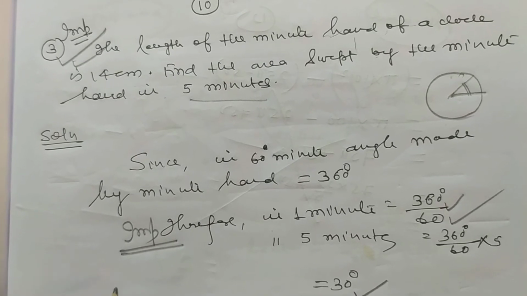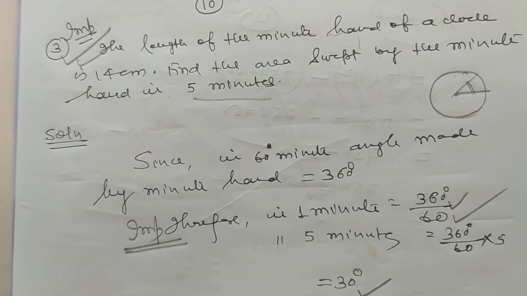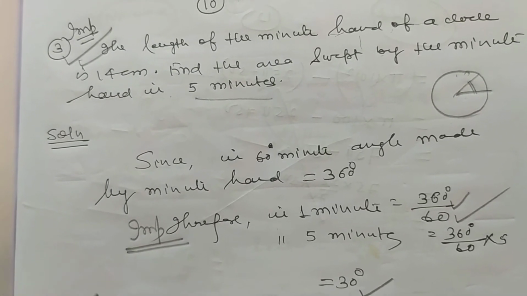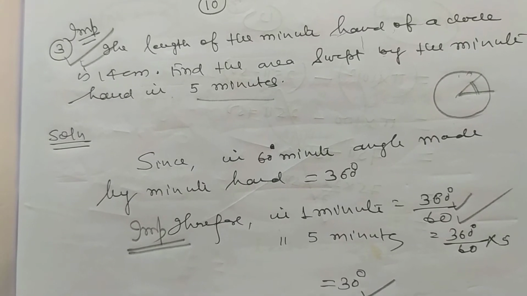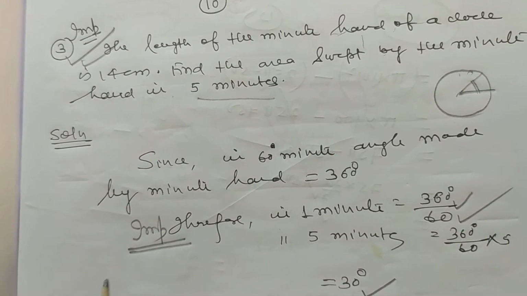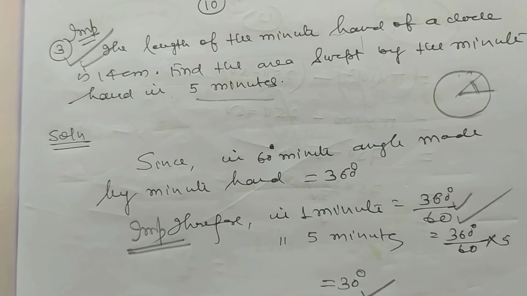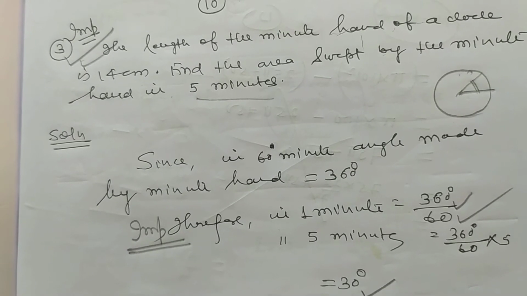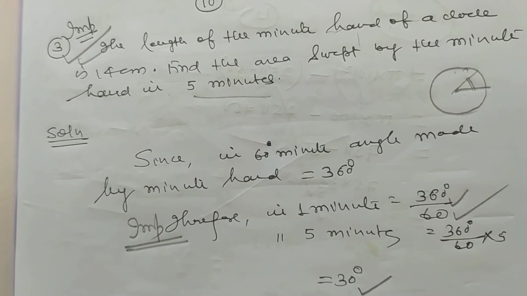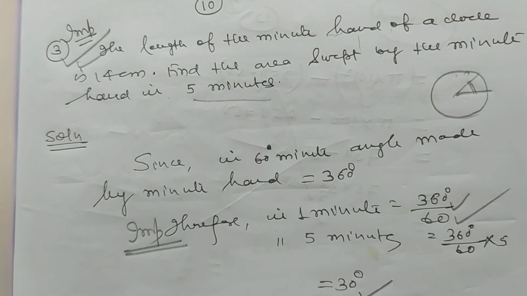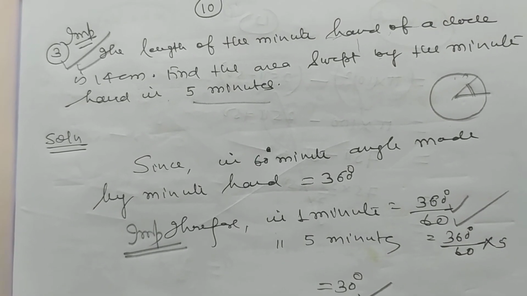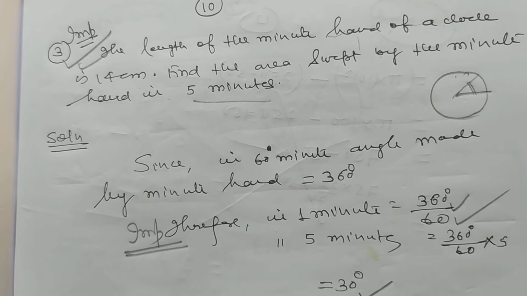You know that in 60 minutes, a minute hand completes one revolution of a circle. Now, in 60 minutes, it makes angle of 360 degree. So, in 1 minute, it will be 360 by 60.